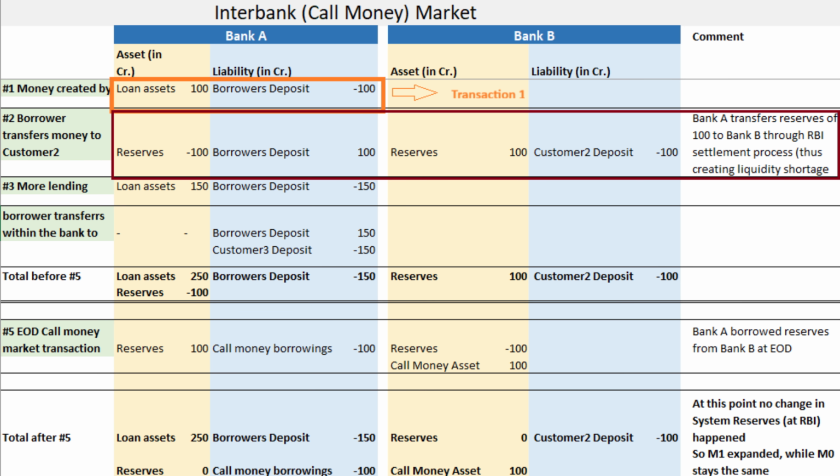Now let's assume there's another loan disbursed to another customer of 150 crores. In transaction 3, we have an increase in loan assets and an increase in deposit liability of 150 crores each.